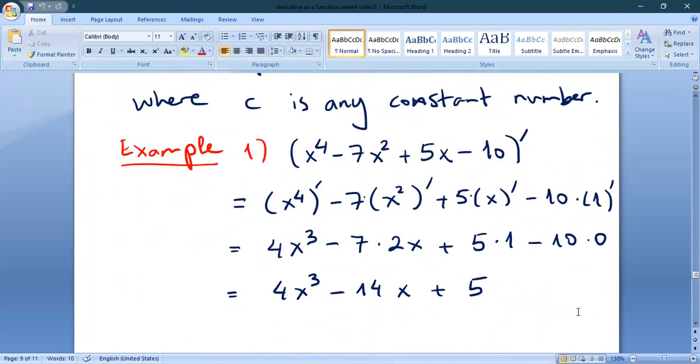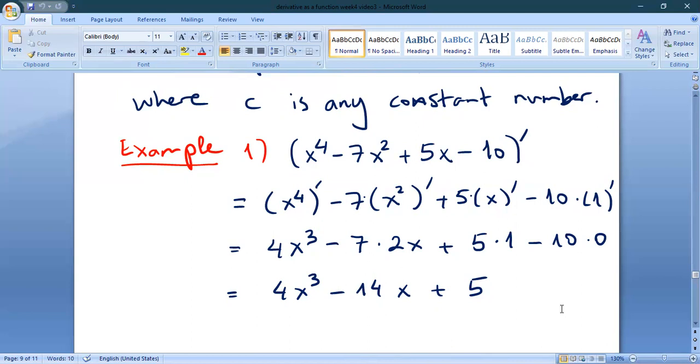So here are some examples. Let's say we have a polynomial x to the 4 minus 7x squared plus 5x minus 10. So these are actually summations and subtractions of power functions, which also are multiplied by some numbers like minus 7, 5, minus 10. So actually we will use the power rule, and then we will use the summation, subtraction, and multiplication by a constant rules.